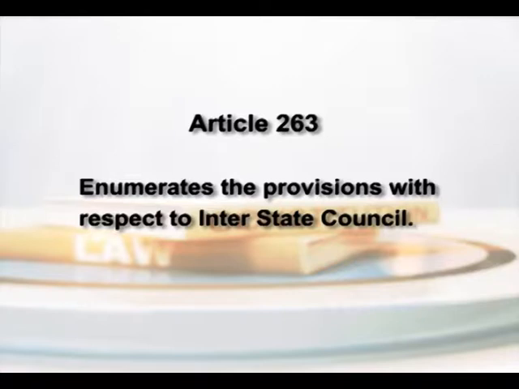Now, what does the Interstate Council do? It inquires into and advises upon disputes between states. It investigates and carries on discussion on subjects of common interest. It makes recommendations for better coordination of policy and action.